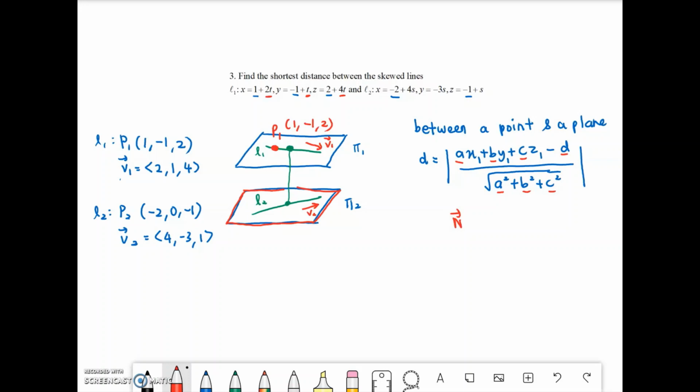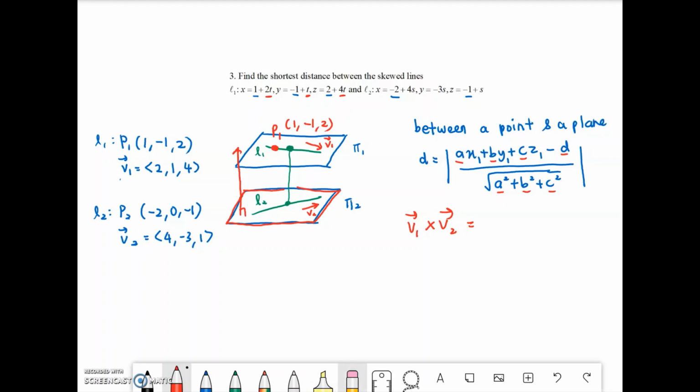What we can do is use the vector v1 and vector v2. From here, we can identify the normal vector that is orthogonal to plane 2, where the cross product of v1 and v2 will produce a vector that is orthogonal to plane 2.